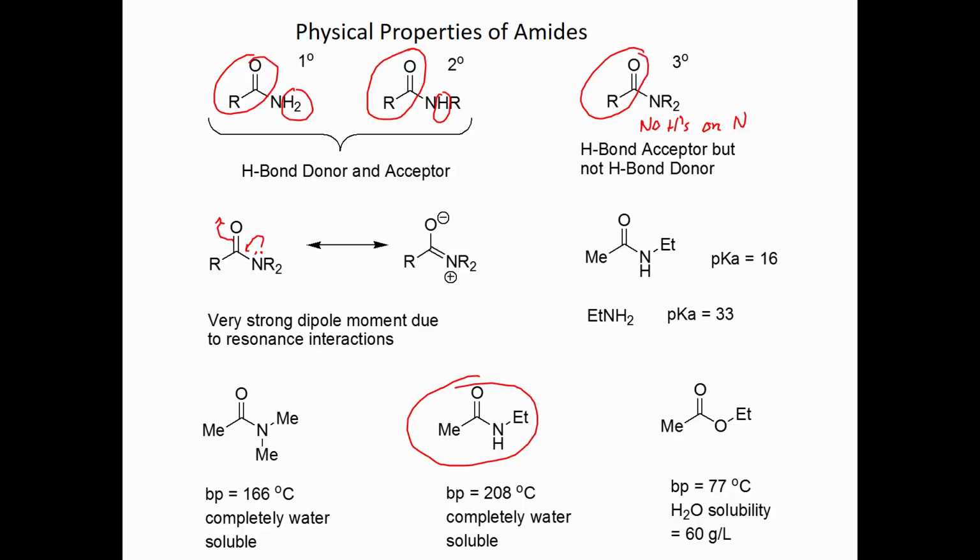If you look at a hydrogen at the nitrogen of an amide, it's slightly acidic. The pKa is very comparable to water. It's about 16. This is much lower than the pKa of the corresponding free amine, which is 33. Let's imagine we treat this with base.